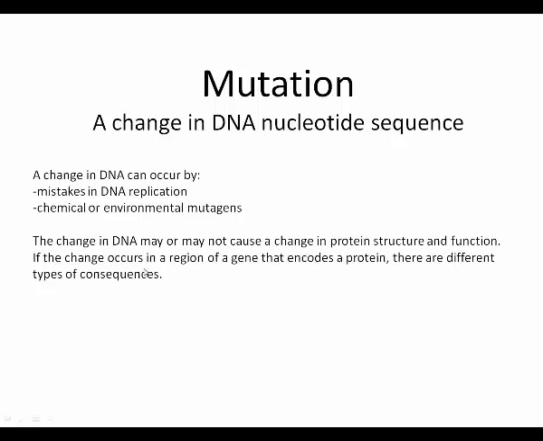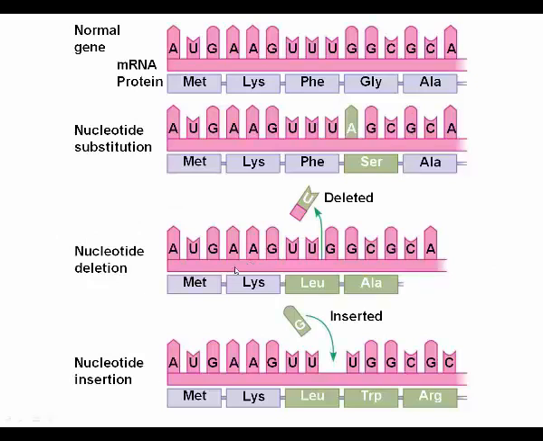So let's look at the type of consequences that occur when a mutation occurs in a region of a gene that actually encodes a protein. So you've got a figure in your text that shows you an mRNA that encodes a polypeptide. And you've got a description of different types of mutations that can happen.